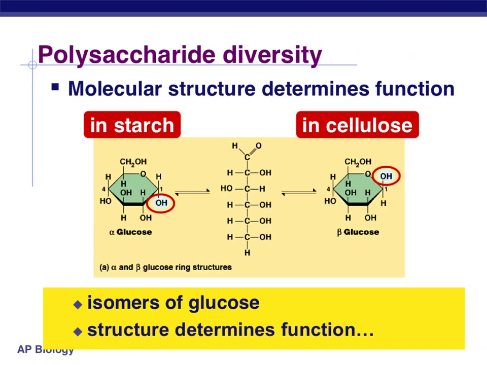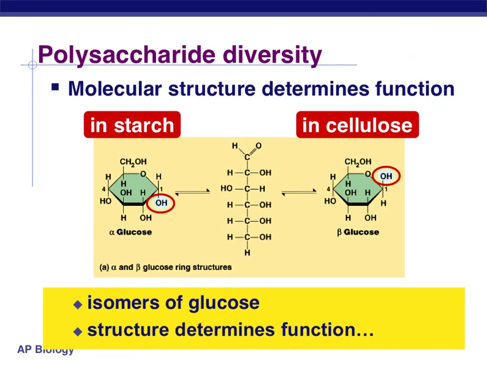And that difference has to do with the location of their hydroxyl group on their carbon 1. So on that first carbon, where is that OH group found? In starch, the OH group is found on the bottom of that carbon, so it's pointing down. Whereas in glucose, the OH group is found above the carbon, so it's pointing up.